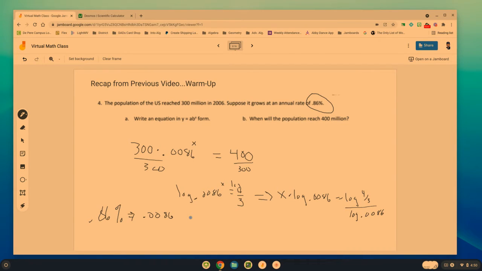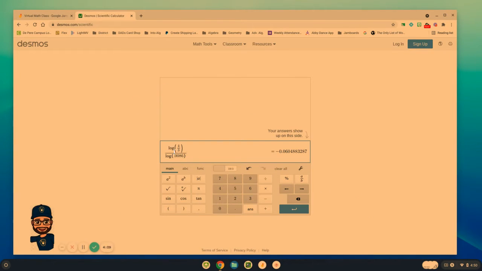All right, after careful investigation, I don't have the right b value. It's got to be 1 plus our rate. Remember that b value is 1 plus the rate for a growth. So I need 1.086. So we should really divide it by the log of 1.086. So I'm going to go back over here, and instead of 0.0086, add a 1.